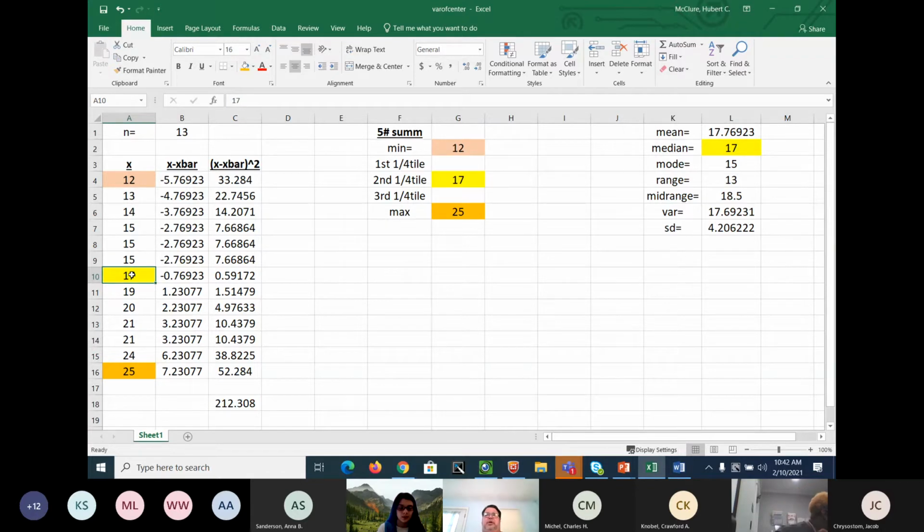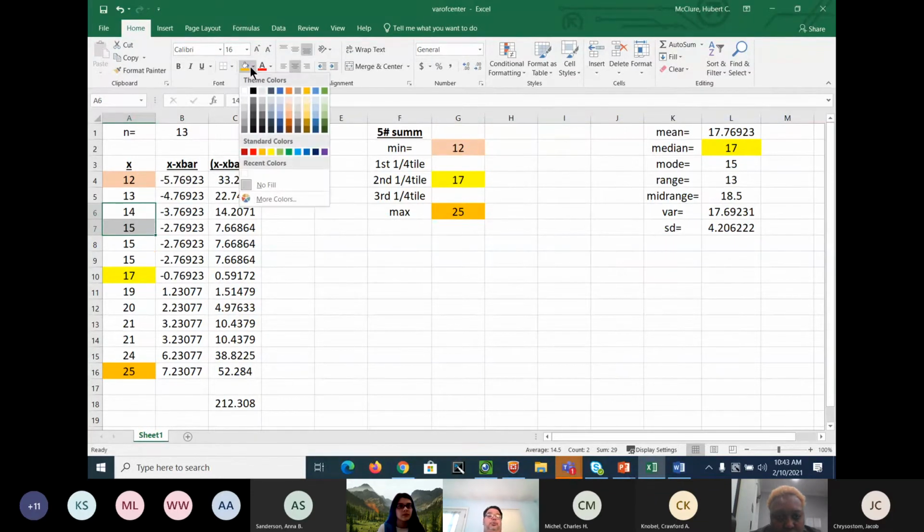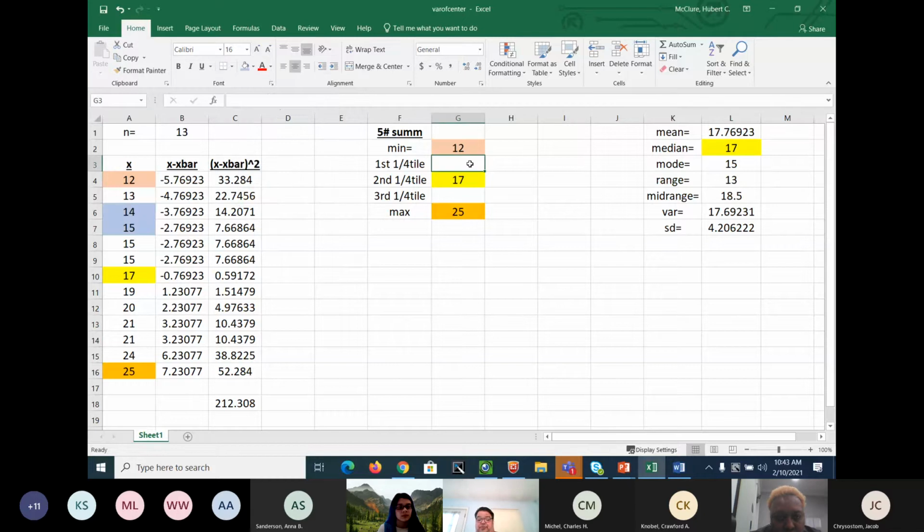How do I find the median of 6 numbers that are even? Average of the middle two. There you go. So I'm going to highlight these 2. I've got the 2 middle numbers right here. I'm going to color those blue. And the average of those 2 numbers is going to go with my first quartile.